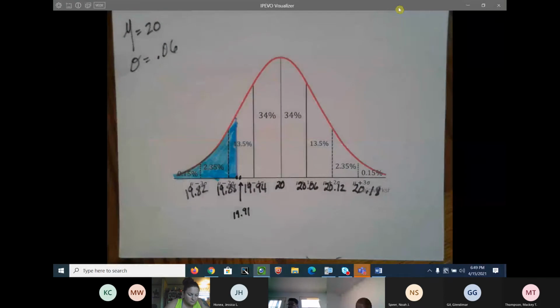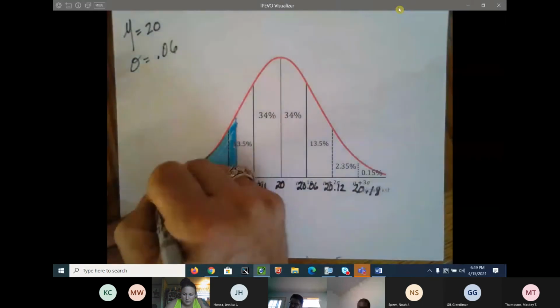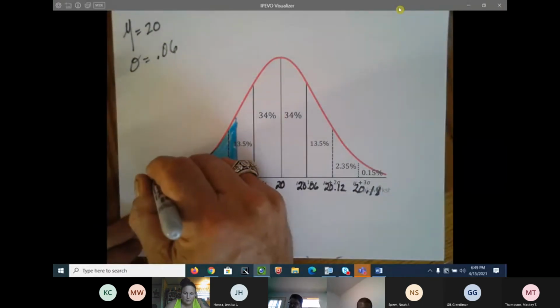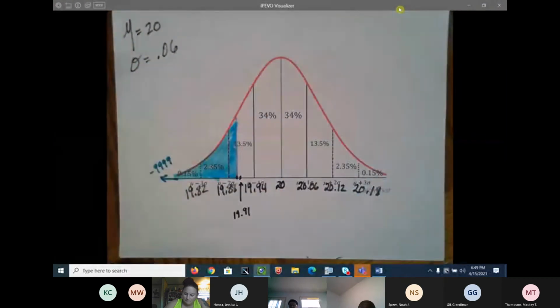9999 to that z-score. So you got to change this to a z-score because you can't put in 19.91 unless you got a new calculator. If you got a new calculator, you can. But if you have an older calculator, you got to change that 19.91, or I'm sorry, 19.9.